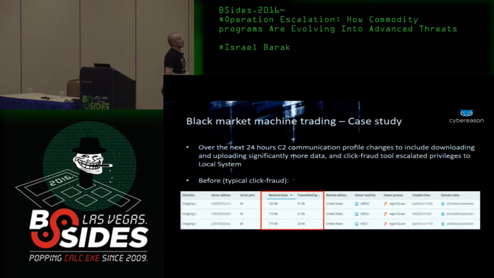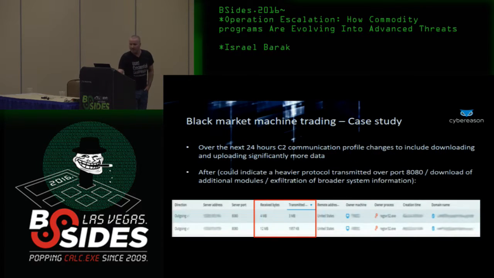So if before we saw a communication profile that matched the average click fraud in terms of regular web traffic of hitting web pages and clicking buttons or links, afterwards we saw very significant bursts in the communication profile. And that could indicate downloading of additional modules onto that endpoint, a heavier protocol than just a simple tasking protocol, or exfiltration of broader system information from the client side towards the attacker.